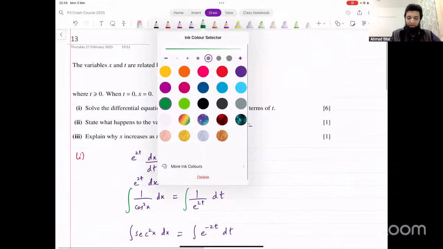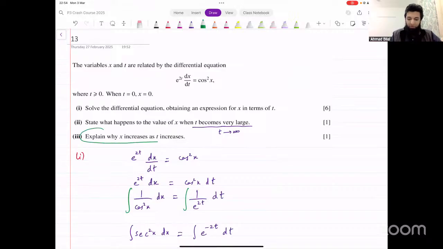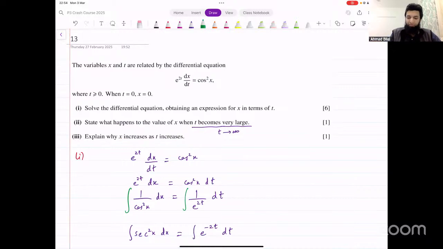And then there was another type of problem where they say, explain why one variable increases as the other increases. What that means is explain why both the variables are directly proportional, right? If one increases and the other also increases, that means they are directly proportional. If two variables are directly proportional, their derivative should be positive, right?